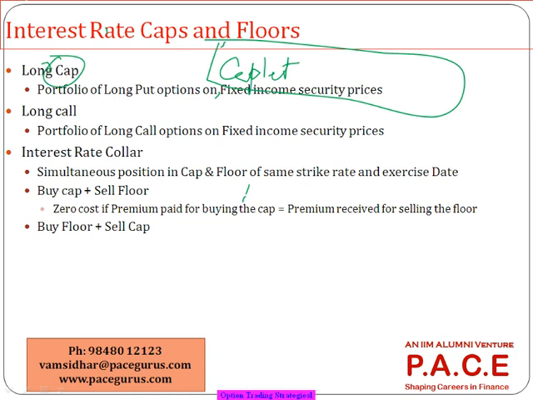So if I know that the interest rates will vary between 5% to 7%, I can take advantage of this kind of strategy. So these are the various kinds of trading strategies that are available on options, on stocks, as well as on interest rates.